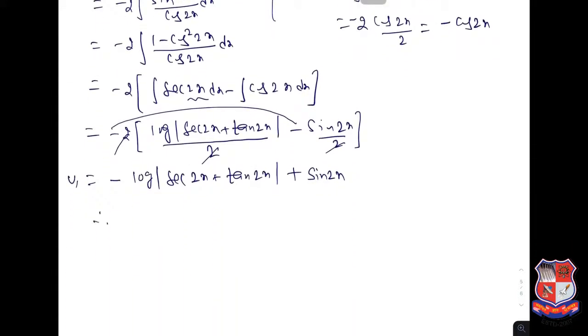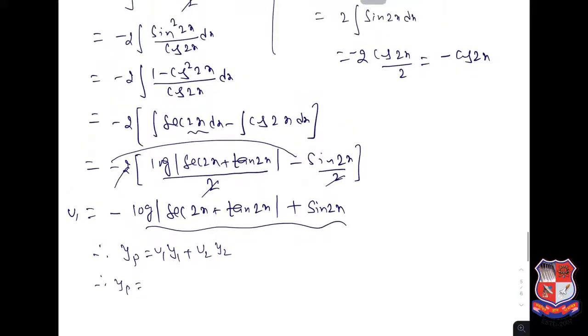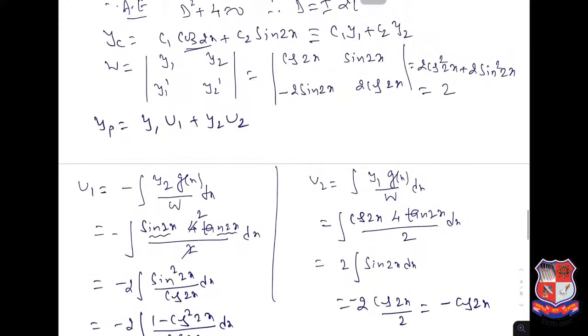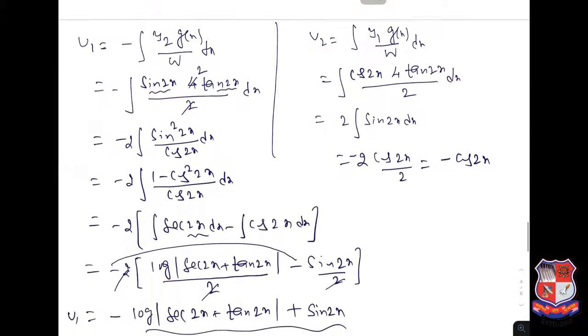And now finally the particular integral is u1 y1 plus u2 y2. So particular integral is u1 is this. What is y1? y1 is cosine 2x.